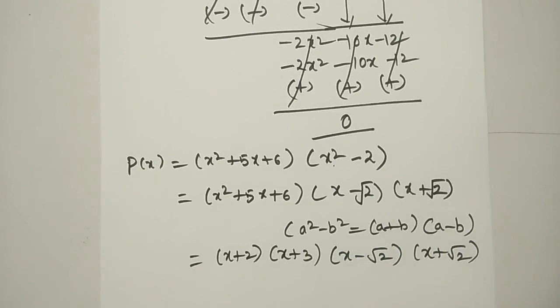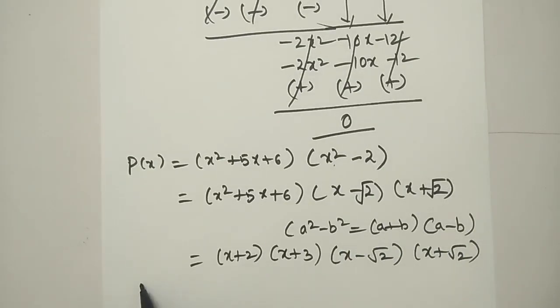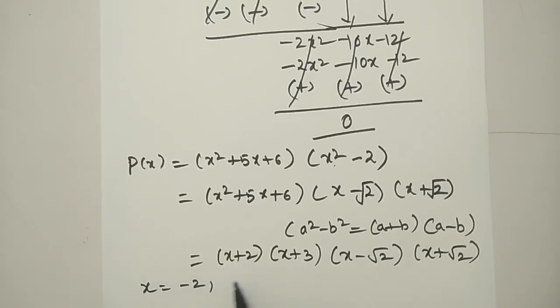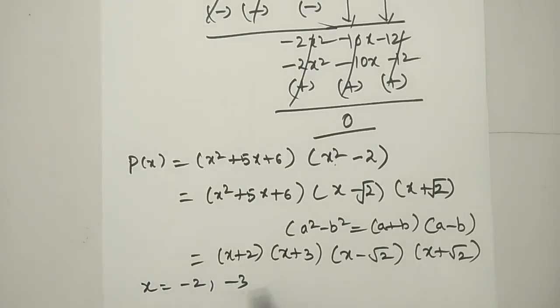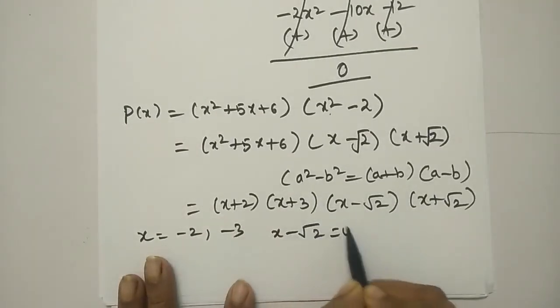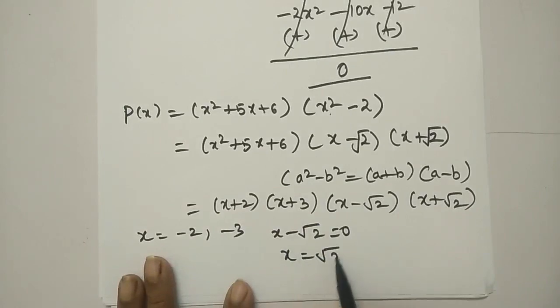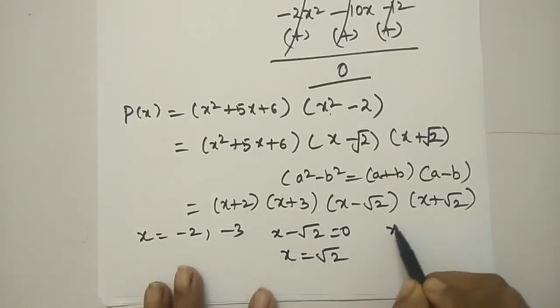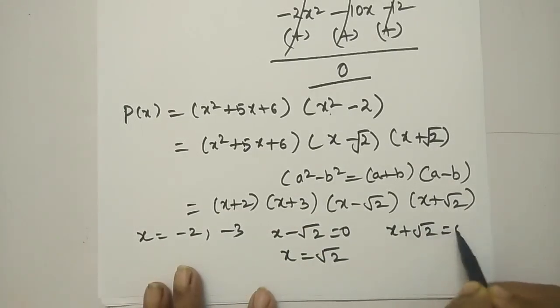So 2 more zeros they have asked, is it not? They already gave x is equal to minus 2 and minus 3 as zeros. Using the other factors, you will get x minus square root of 2 equal to 0, x is equal to square root of 2. Okay, x plus square root of 2 equal to 0, x is equal to minus square root of 2.